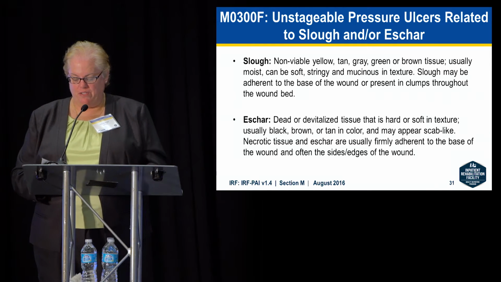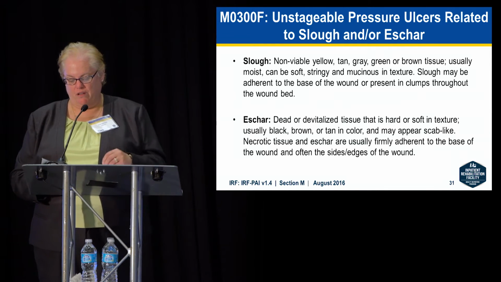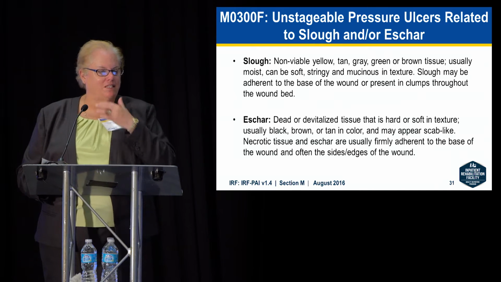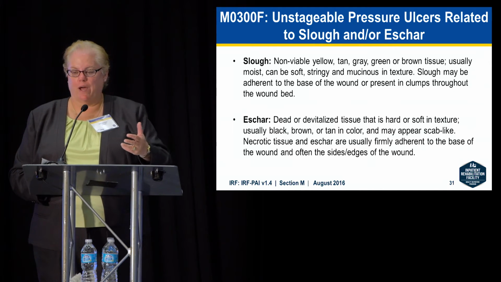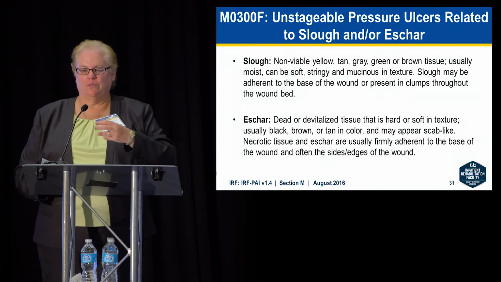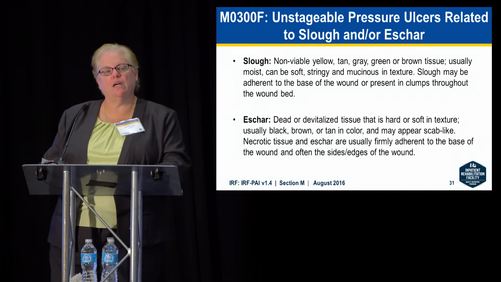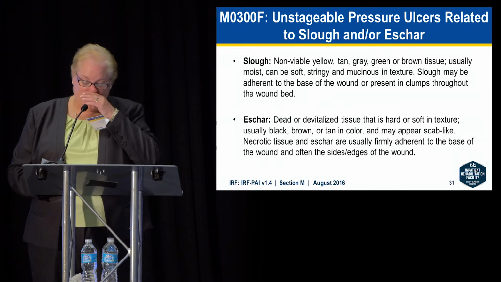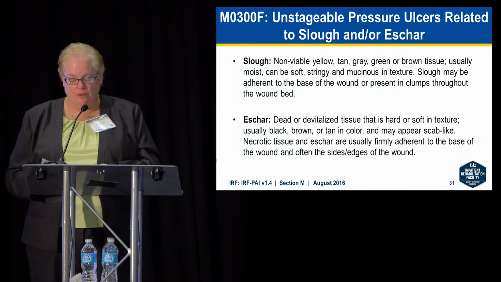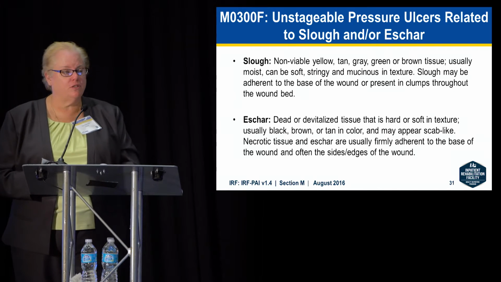It may be adherent to the base of the wound or present in clumps throughout the wound bed. It's not the type of thing that you can spray a little wound cleanser on or wipe and it goes away. It sticks to the wound. Anyone who's done any kind of wound care for any length of time can tell you exactly what that looks like.